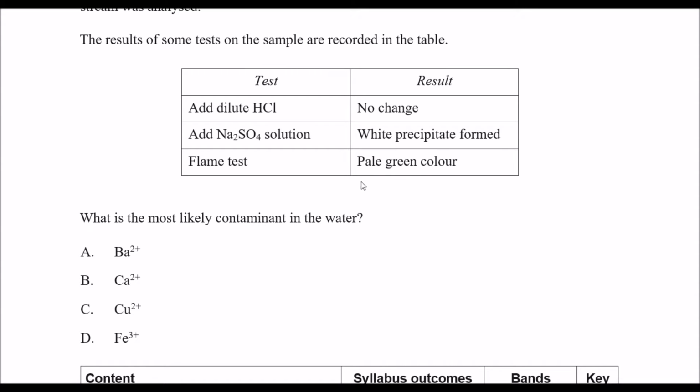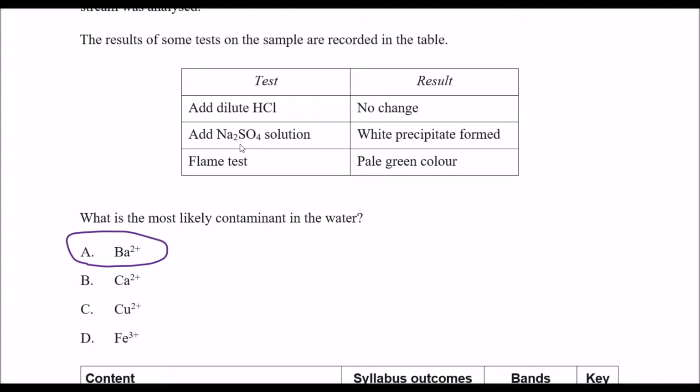For this question, it will look at your understanding of the reactions of dilute acid, your solubility rules, the different colors, and also the different flame colors. The answer is A, barium.